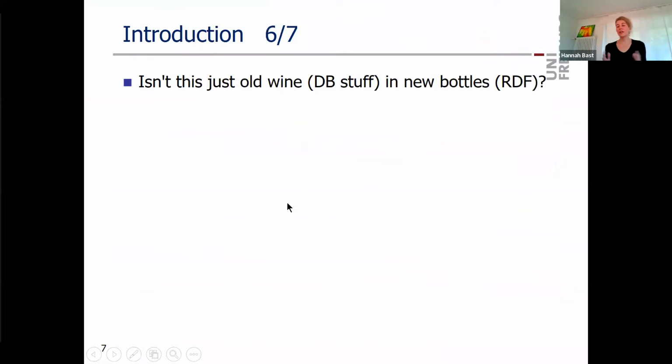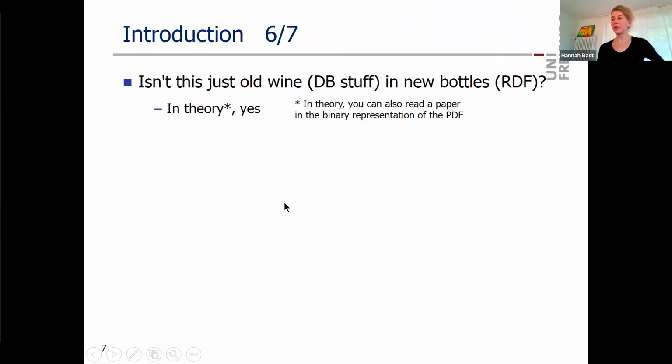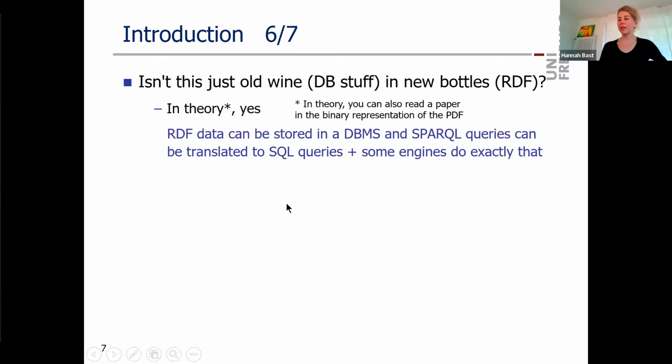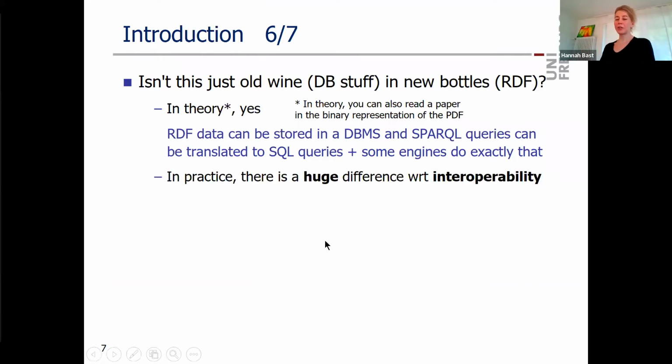Okay, so you may wonder, if you have heard this for the first time, since it's just database stuff. In theory, yes. In theory, you can also read a paper in the binary representation of the PDF. RDF data can be stored in a database, and you can just translate SPARQL to SQL. And actually, some engines do exactly that, but it's not the best way to do it. Maybe there are lots of small differences.